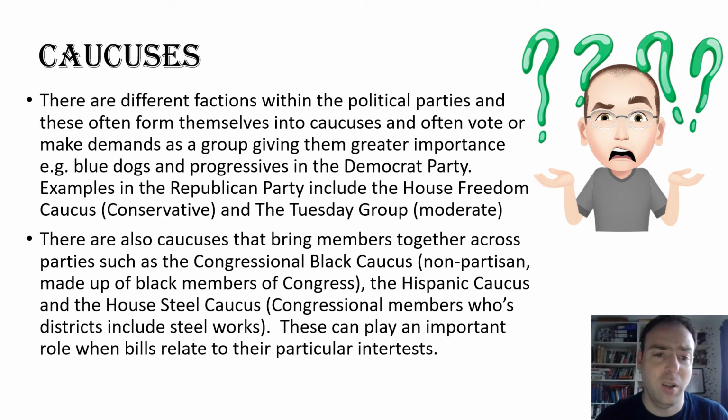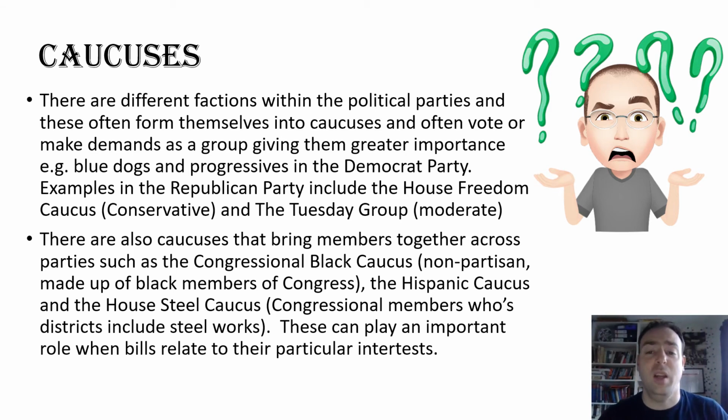Sometimes it reflects the factions within the political parties. So, for example, there are caucuses for Blue Dogs, and there is a caucus for the Progressives in the Democrat Party, and there are some good examples in the Republican Party.